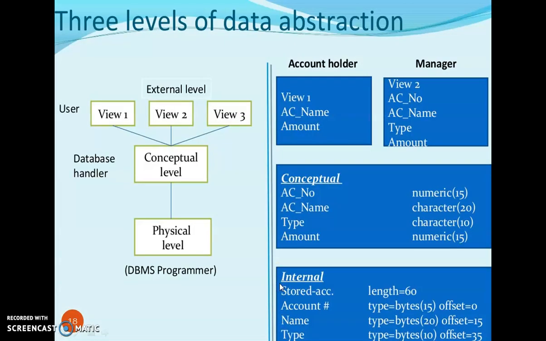Okay. So let's see the example for the 3 levels. At the view level, you can create more than one view depending upon the request. View 1 is created for the account folder having the fields account name and amount, and view 2 is generated for the manager having the fields account number, account name, type and amount. So based on the request of the user, more views will be created.